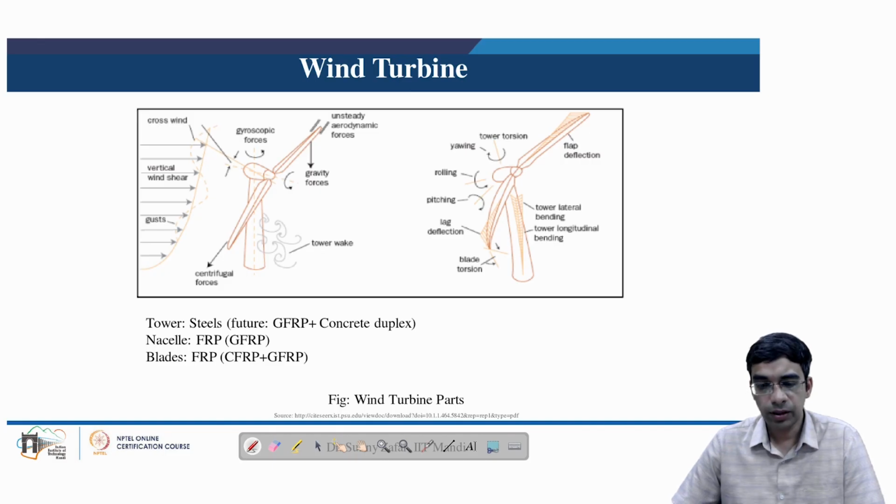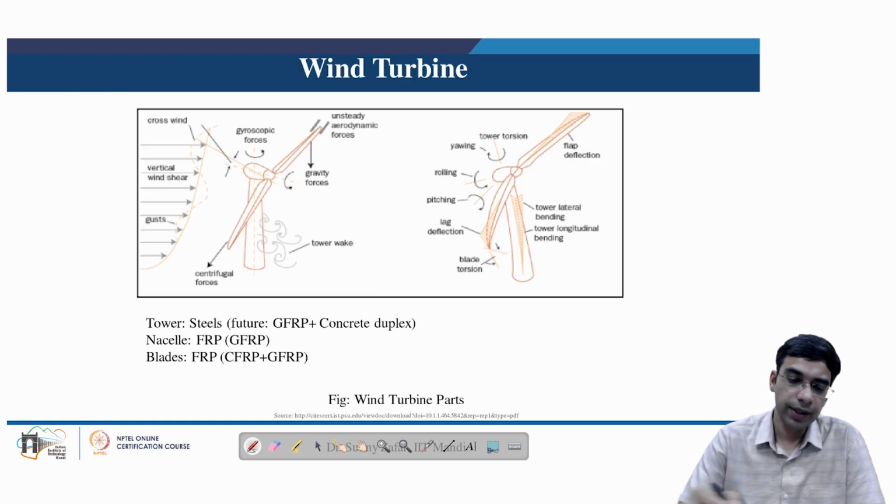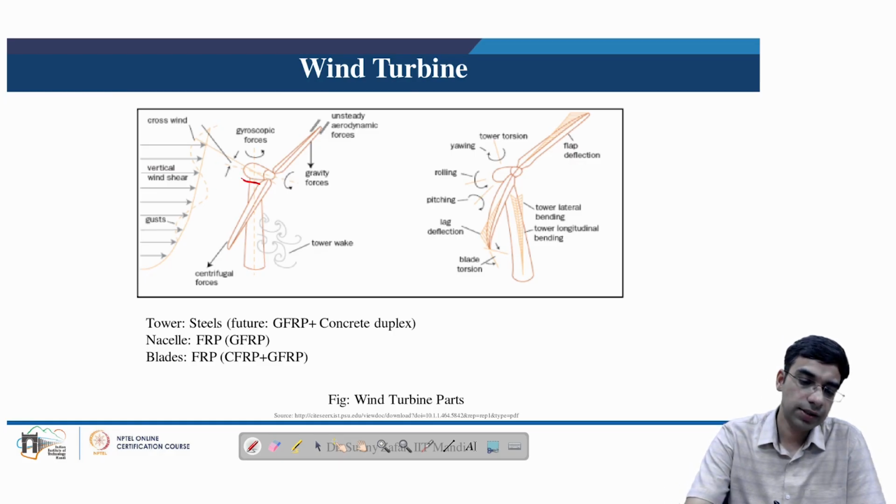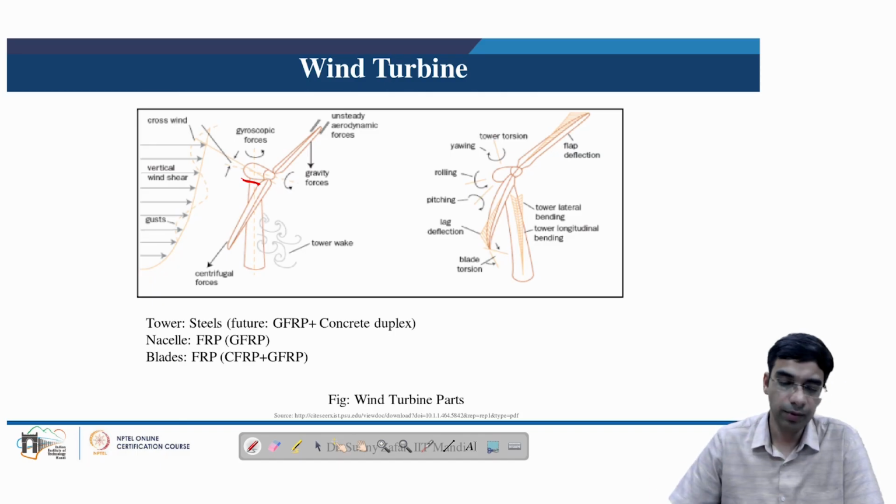So considering all these complex operating conditions, the tower of the wind turbine is generally made up of steel as of now, but going forward the towers will be made from glass fiber reinforced bars in concrete. The nacelle, that is the behind part of the blade, is generally made up of lightweight high strength materials known as fiber reinforced plastics.